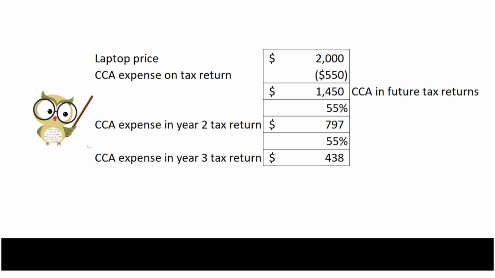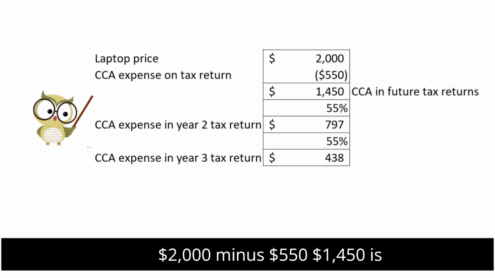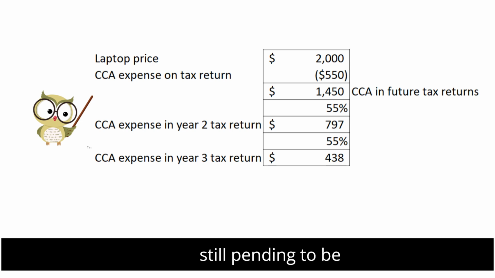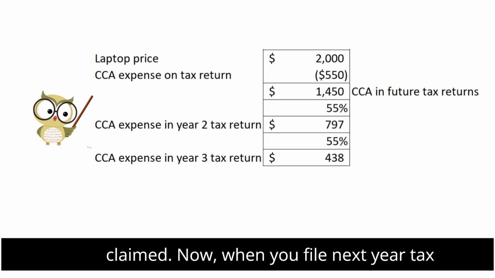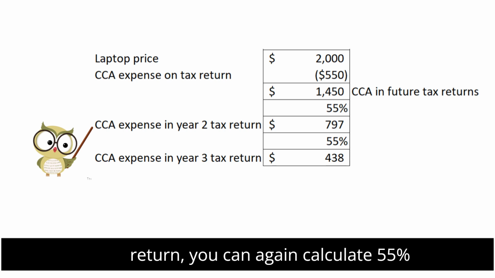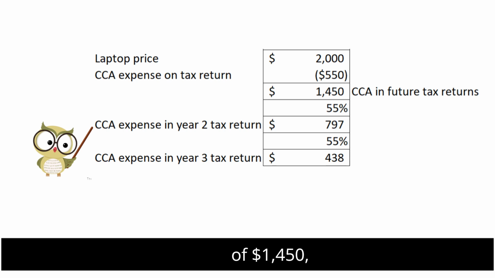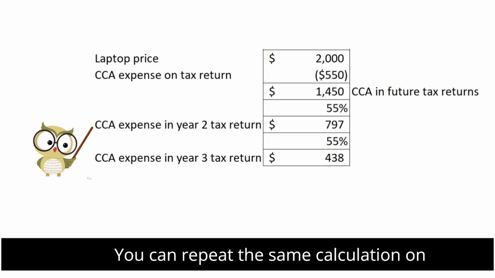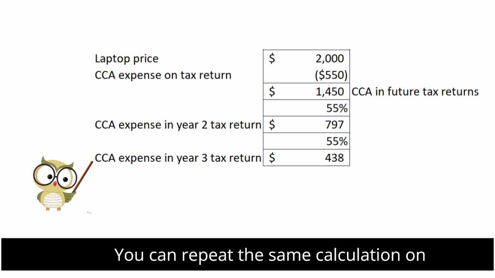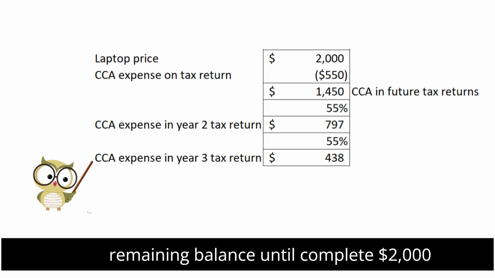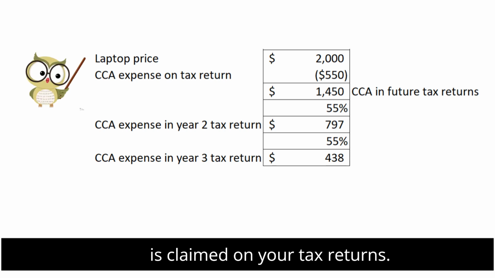What's the balance? $2,000 minus $550, $1,450 is still pending to be claimed. Now, when you file next year's tax return, you can again calculate 55% of $1,450, which is $797 CCA, and put it down on your tax return as a $797 expense. You can repeat the same calculation on the remaining balance until the complete $2,000 is claimed on your tax returns.